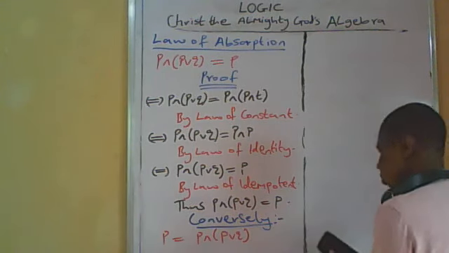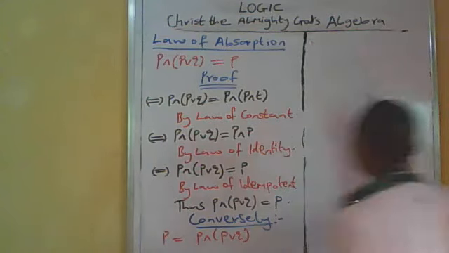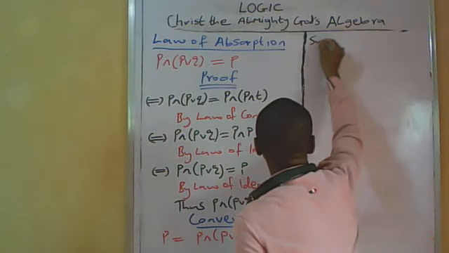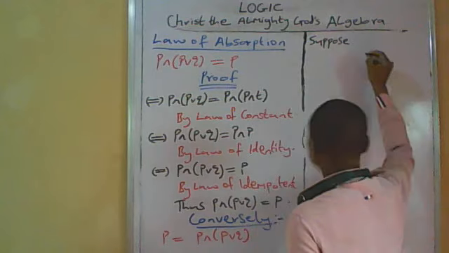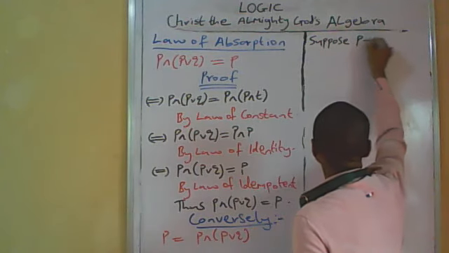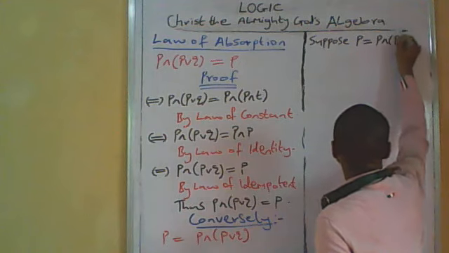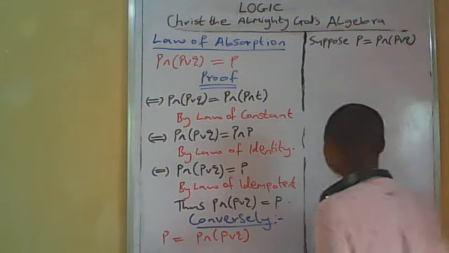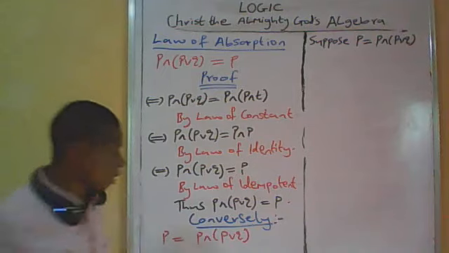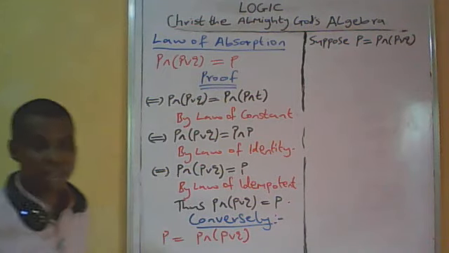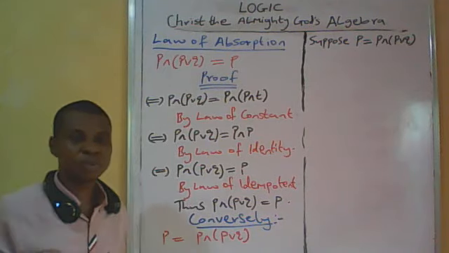Now we're going to assume that this statement is true. Suppose P is equal to P and bracket P or Q. We assume that this statement is true as our hypothesis, and I'm going to prove that it is true.